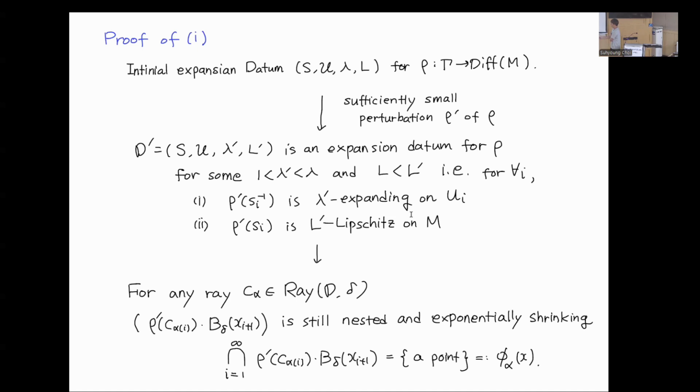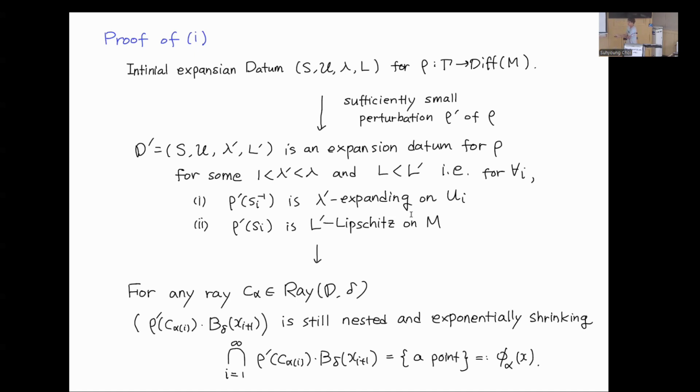So we don't know this. With respect to the perturbed action, we also use the data ball associated to the X. So then the domains are still nested and exponentially shrinking.